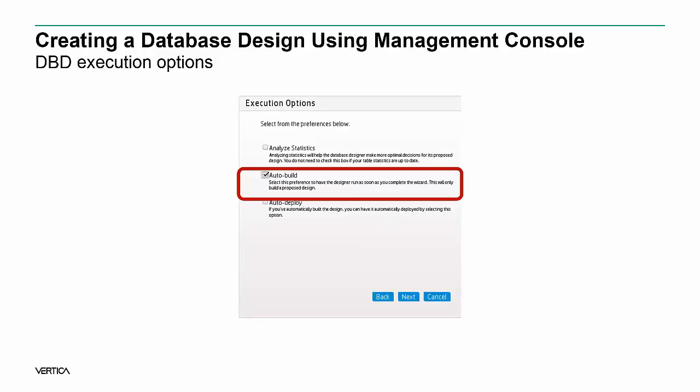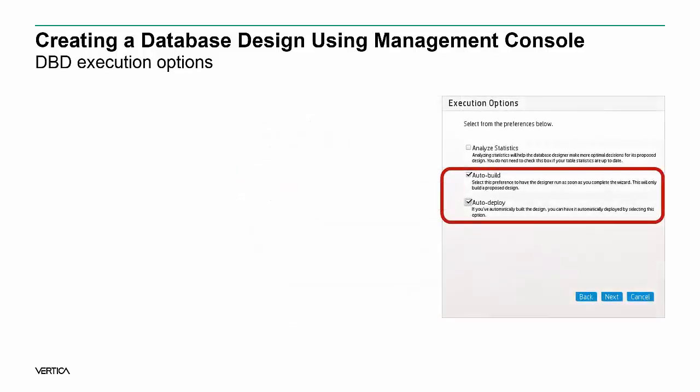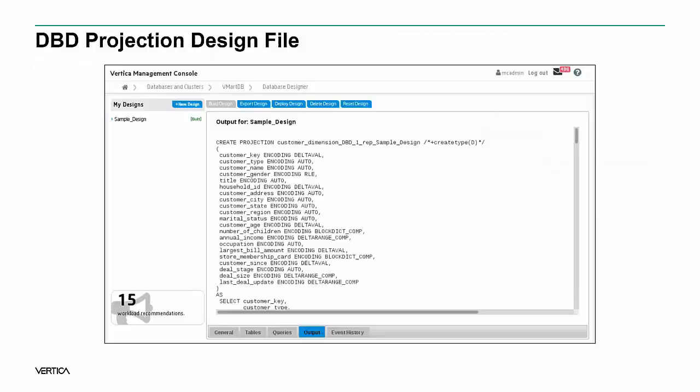This allows a DBA to review the design proposal and manually make whatever tweaks are necessary before deploying it. And finally, if you're sure that the DBD is building the most optimal design, you can ask the DBD to automatically deploy the design once it has been built. If you select the Auto Deploy checkbox, you must also select the Auto Build checkbox.